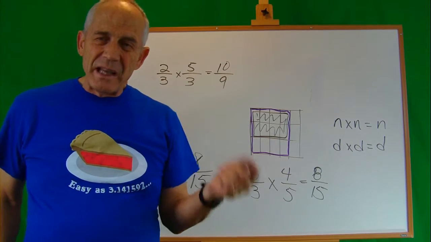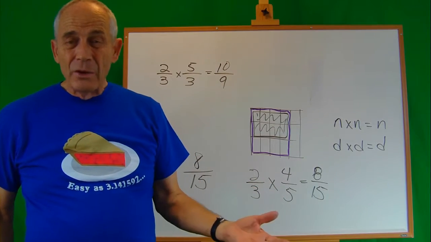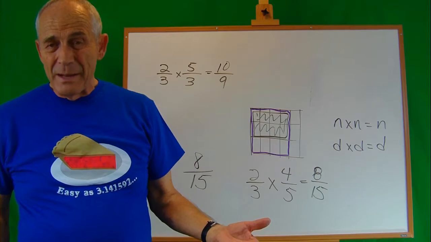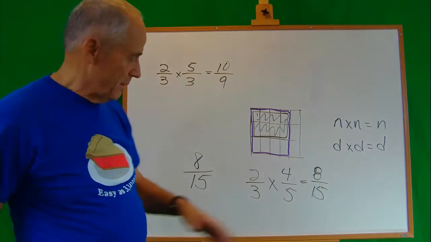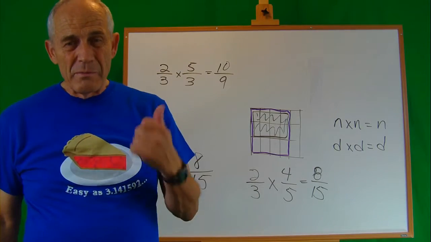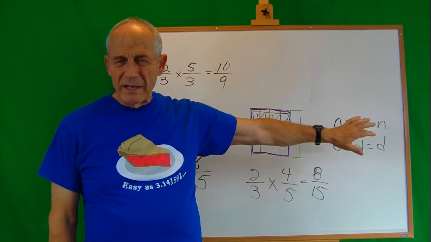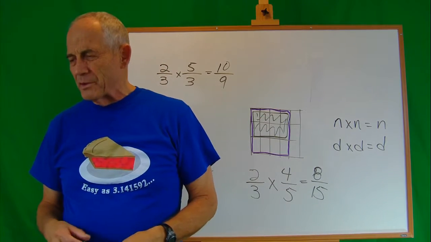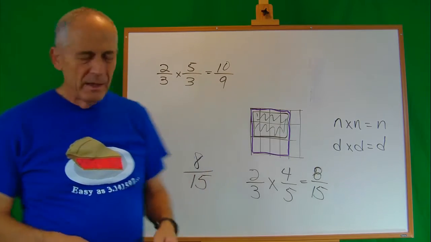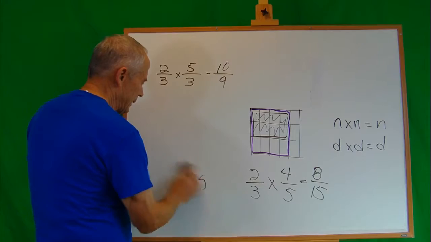So if you're only dealing with one thing, in that case, fifths, you don't have to worry about getting a common denominator. You just want a part of 4/5. So remember that, and remember this rule for multiplying fractions, and that'll help you avoid the problems that sometimes people have. So let's just do a couple just for practice, see what we can get.